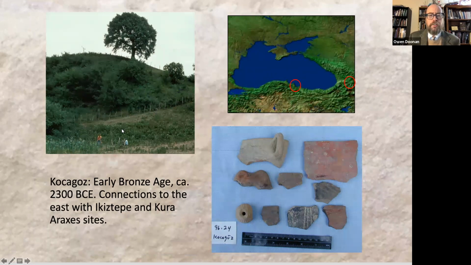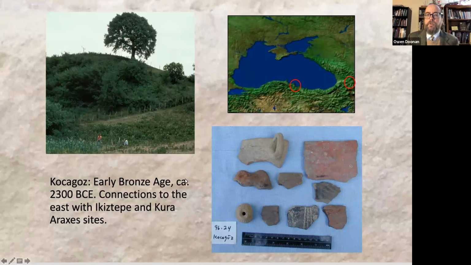Okay, so here's an example, the site of Kojagos, which is a modest little mound, a huyuk, which is about 60 meters across, about 15, 20 meters high, and is for the most part showing early Bronze Age materials.